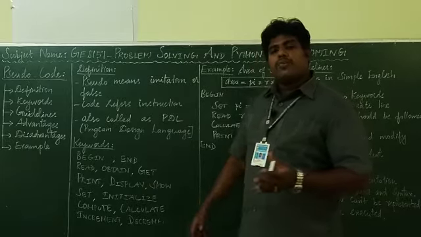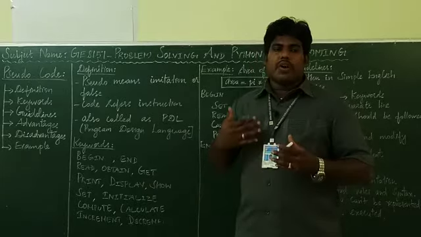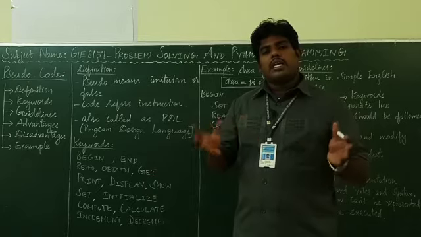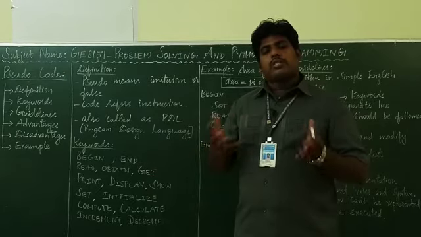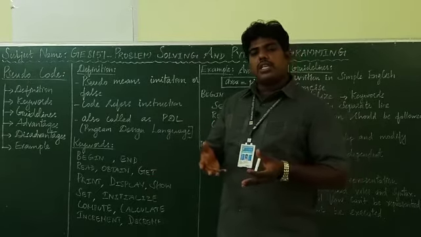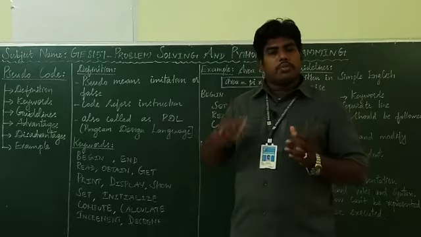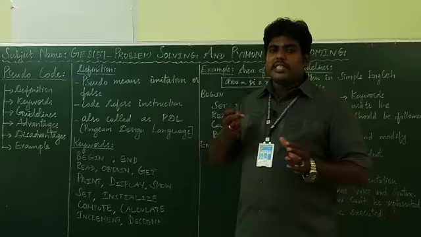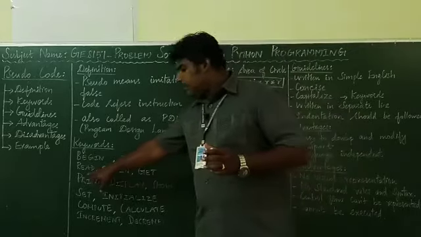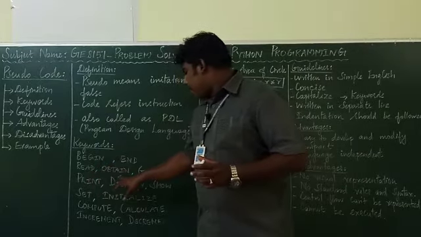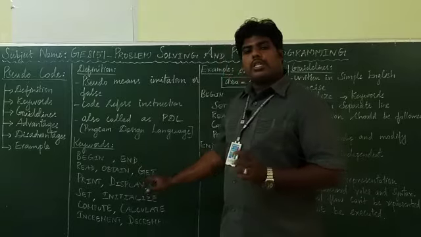Okay. Then for getting the inputs, for example, you want to find the area of a circle. What's the formula for finding the area of a circle? Pi r square. So how many inputs are required? Two inputs. So while you are getting the inputs, you use the keywords READ, OBTAIN, GET. One more is PROMPT.